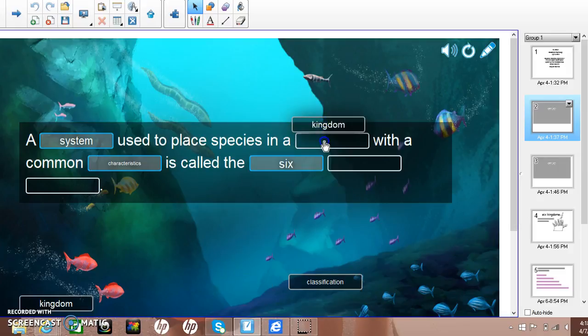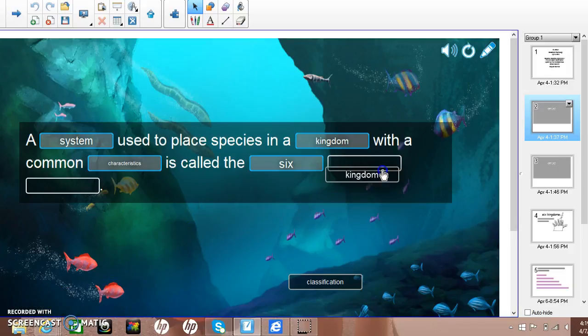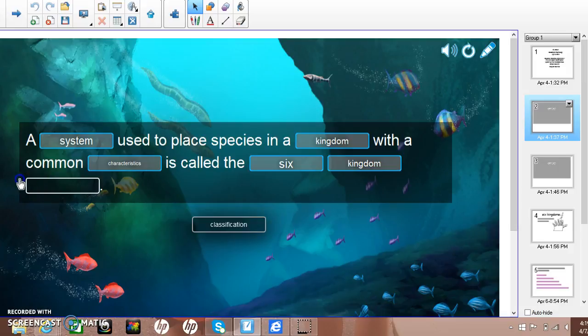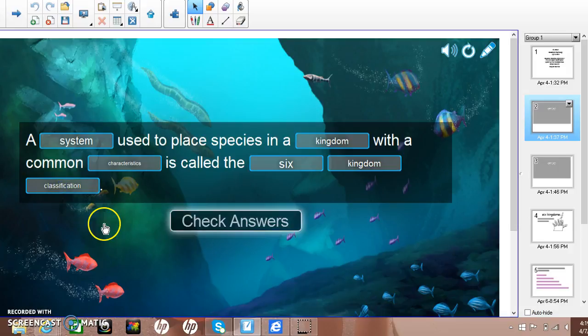With a common characteristic is called Six Kingdom Classification. Check our answers.